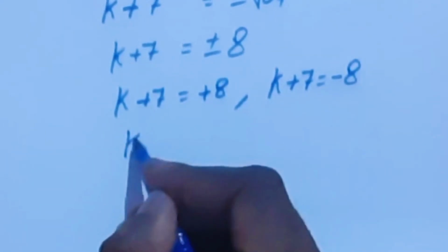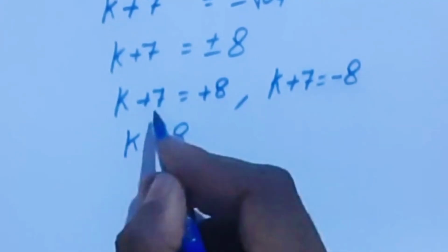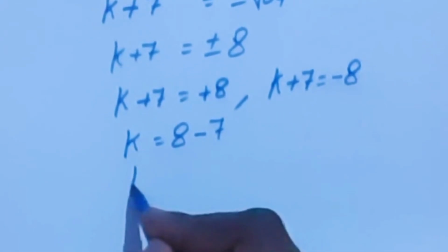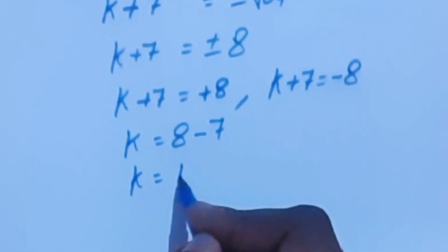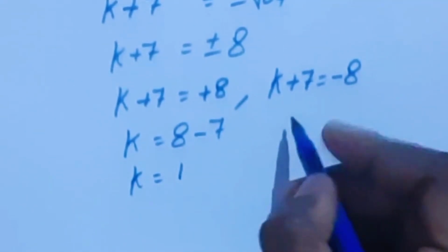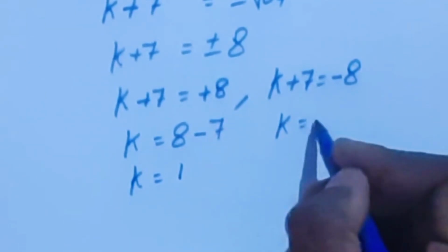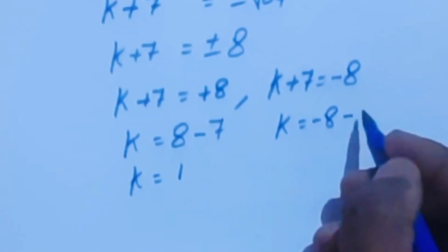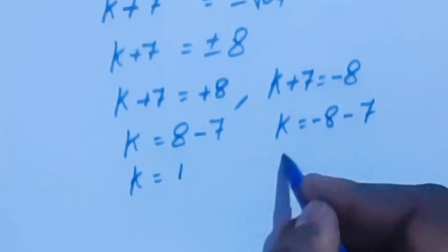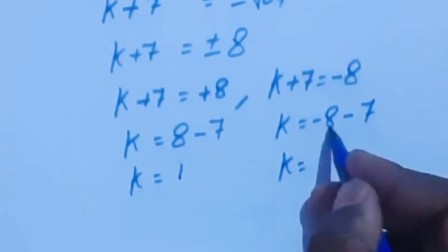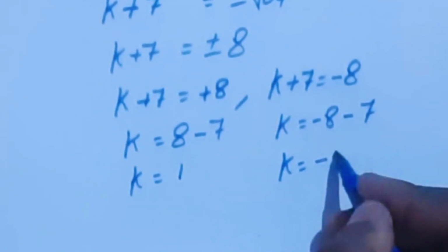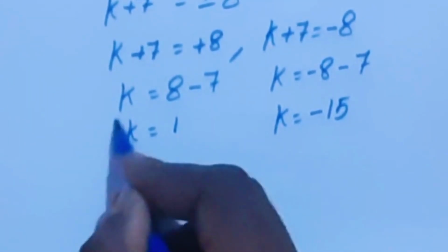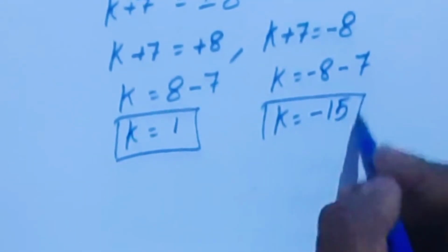Here k equals 8, moving 7 to the right-hand side, minus 7, so k equals 1. On this side, k + 7 = -8, moving 7 to the right-hand side, so k equals -8 - 7, which is -15. So we found the same answer in the third method.